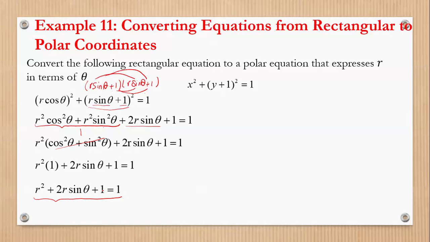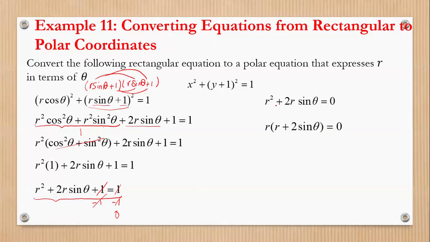But for both of them, I need everything on one side and the other side to be 0. So to make the right side 0, I'm going to subtract 1 from both sides. If we subtract 1 from both sides, these two cancel each other and it gives you 0. These two also cancel each other. So you only have r squared plus 2r sine, which is equal to 0.